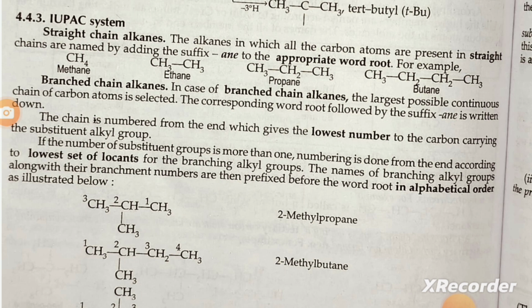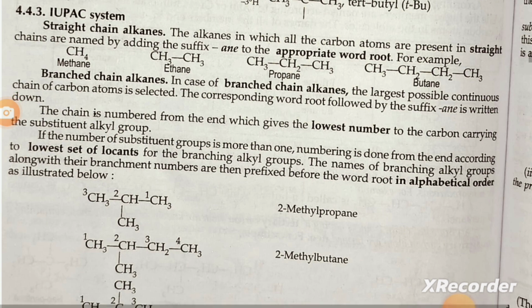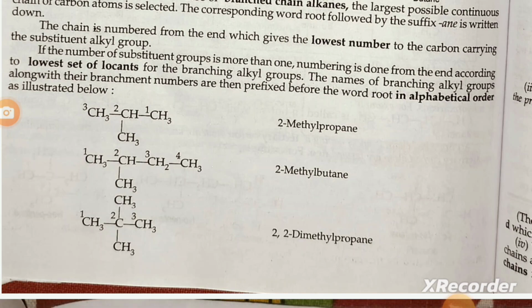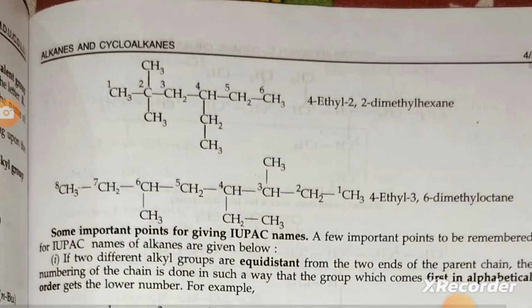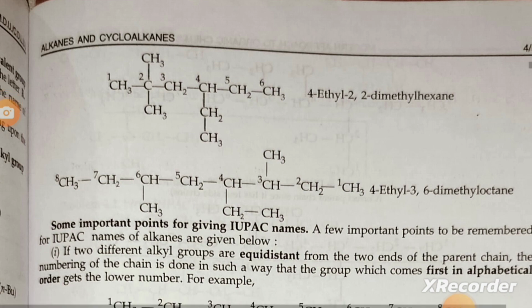If the number of substituent groups is more than 1, numbering is done from the end according to the lowest set of locants for the branching alkyl groups. The names of branching alkyl groups along with their branch numbers are then prefixed before the word root in alphabetical order, as illustrated below. 2-methylpropane, 2-methylbutane, 2,2-dimethylpropane, 4-ethyl-2,2-dimethylhexane, 4-ethyl-3,6-dimethyloctane.